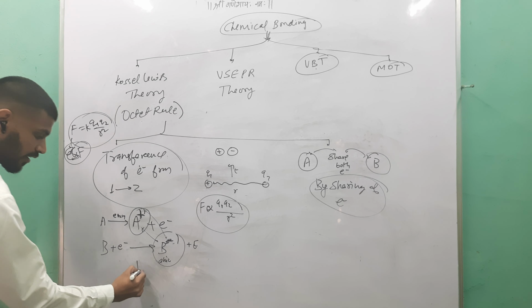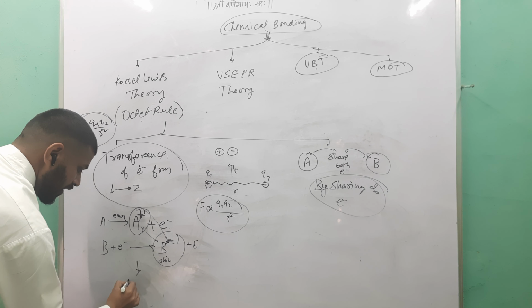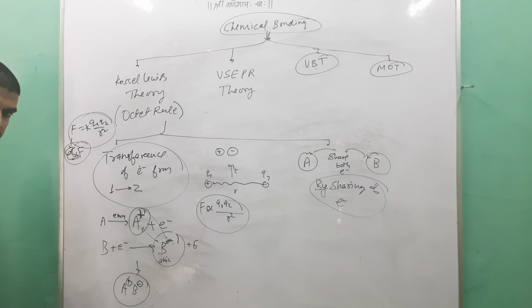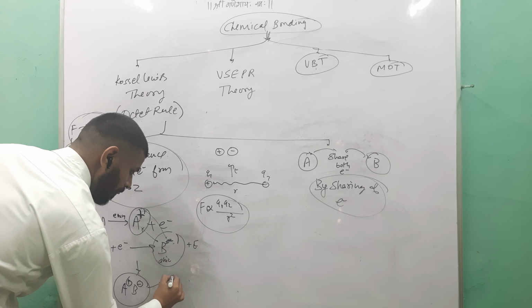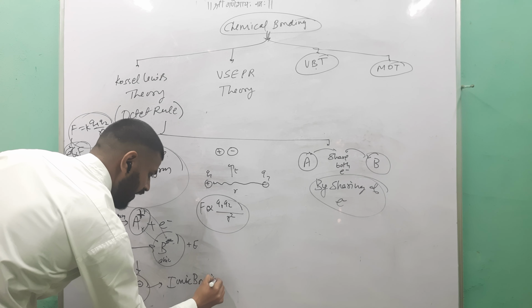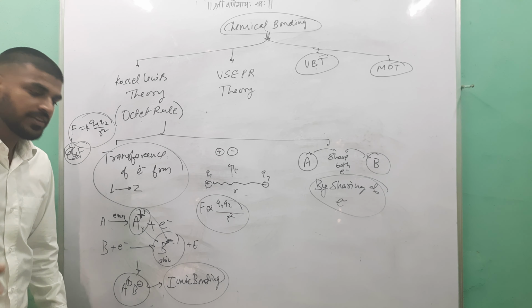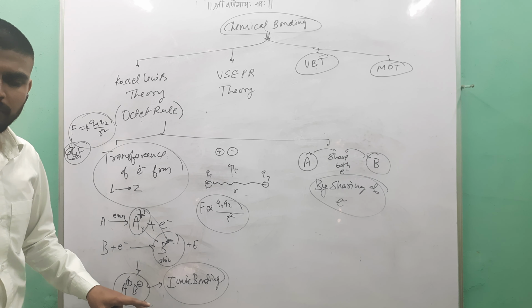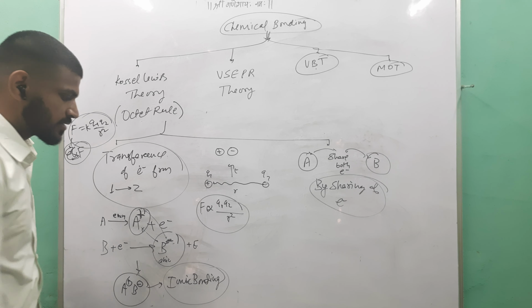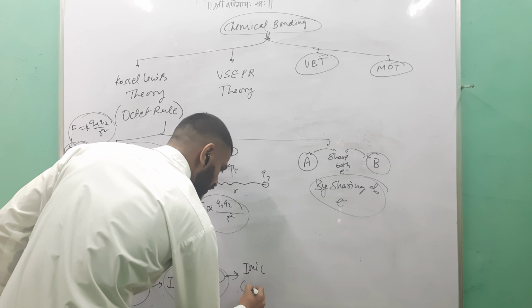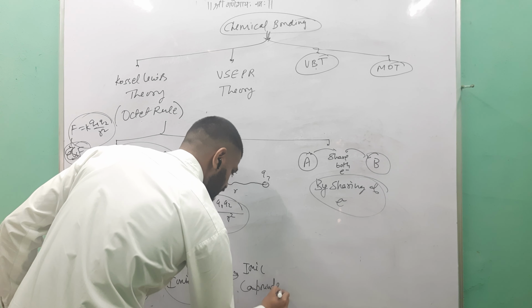And in chemistry, the electrostatic force that is holding both these ions is called ionic bond. And whenever this ionic bond forms, every compound that contains an ionic bond is called an ionic compound. I hope you will get it.